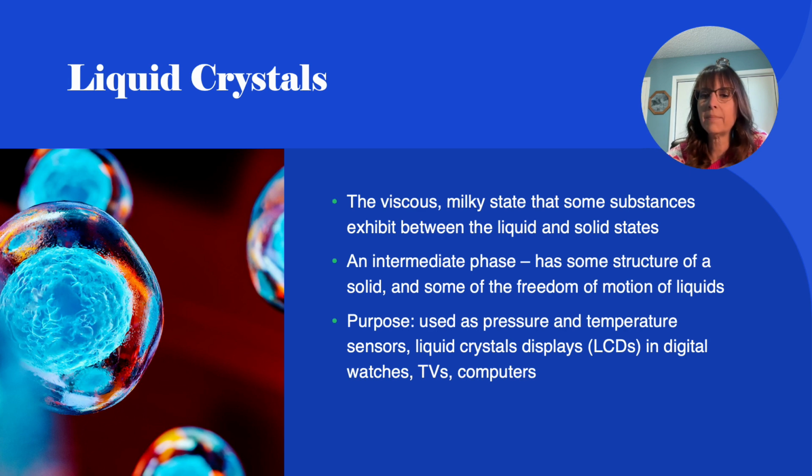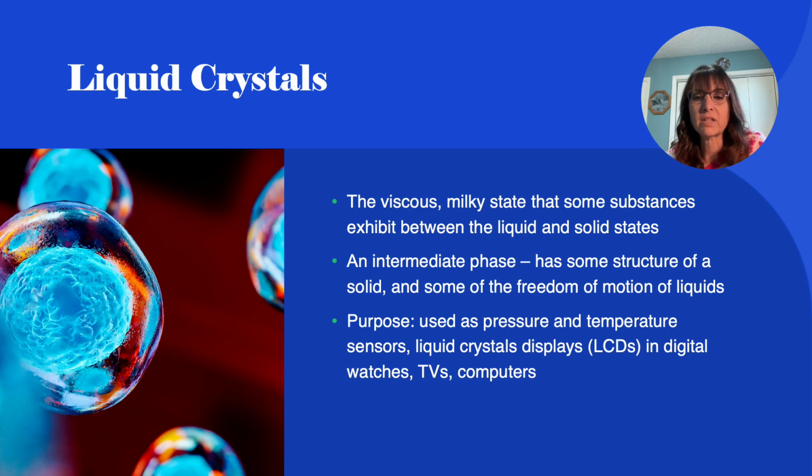And because we're talking about liquids, let's talk about liquid crystals for just a moment. This is that viscous, milky state that some substances have between a liquid and a solid state. It's kind of an intermediate phase between the two. It has some structure of a solid, but it also has the freedom of motion of a liquid.